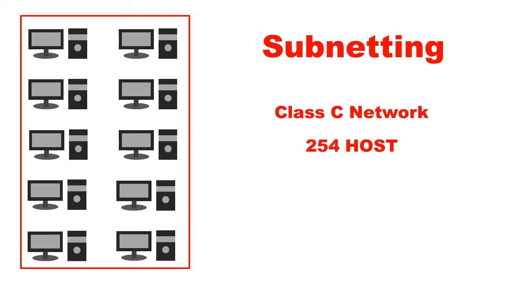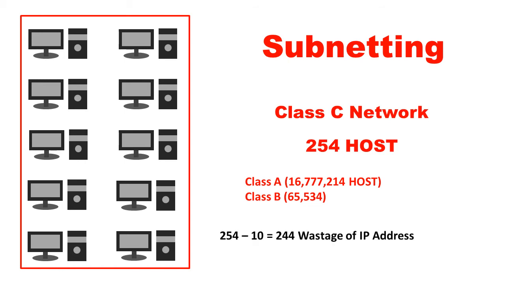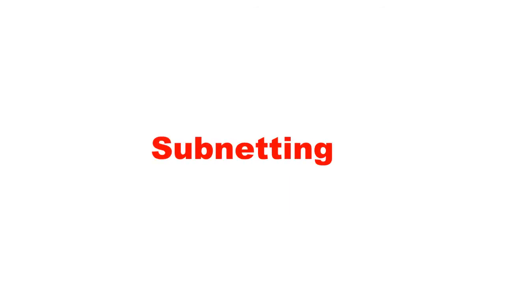So we can easily go for the class C category network, because there we have 254 available slots for assigning host IP addresses. Compared to class B and class A, class C has minimum host availability, and that will result in minimum wastage of IP addresses, that is 254 minus 10, 244 will be the wastage of IP addresses. We can further reduce the wastage by subnetting.